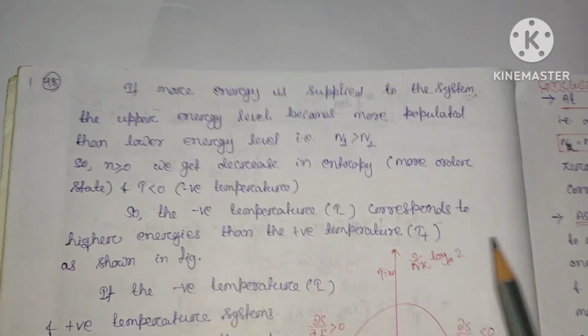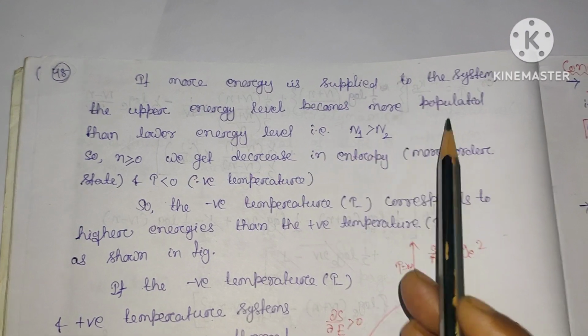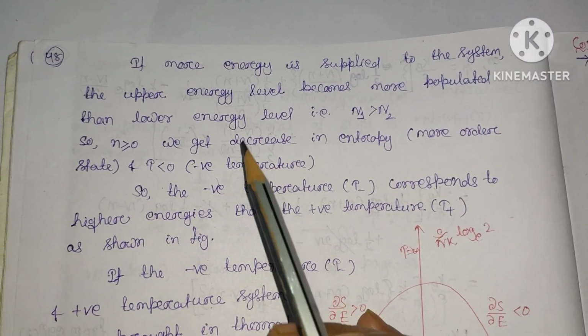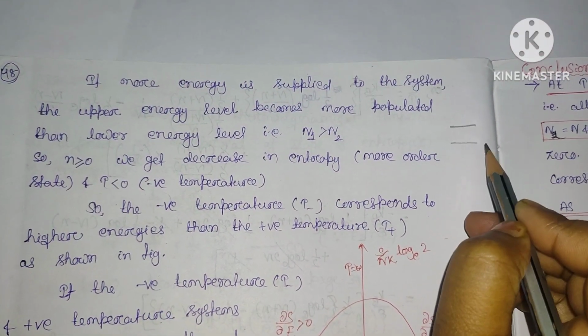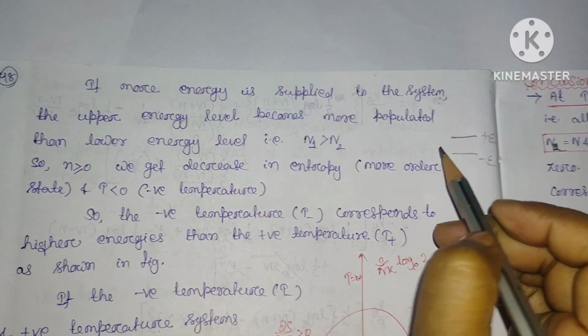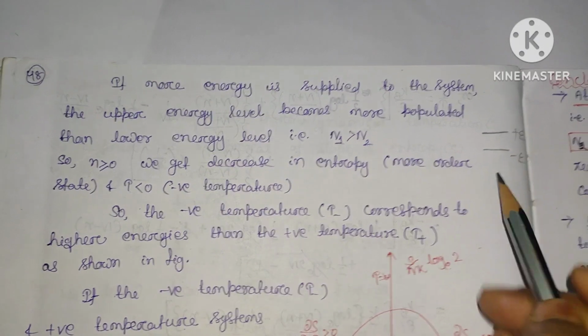Again, if we supply more energy to the system, then the upper energy level becomes more populated than the lower energy level. So here you can see this is your energy level minus epsilon, this is your plus epsilon. So when we supply more energy, what will happen?